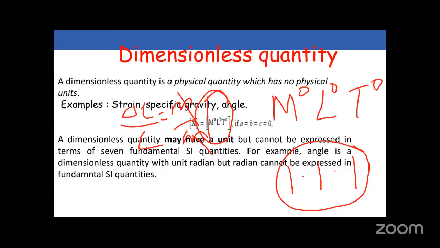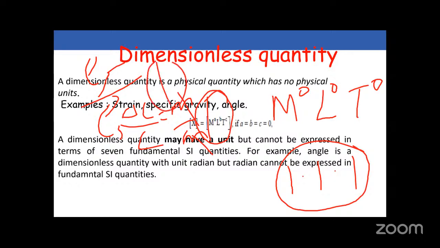Specific gravity is another one. Specific gravity is density of a given fluid over density of water or a standard fluid. Since both are density, at the numerator and the denominator, the unit will be the same and cancels out, you have 1.